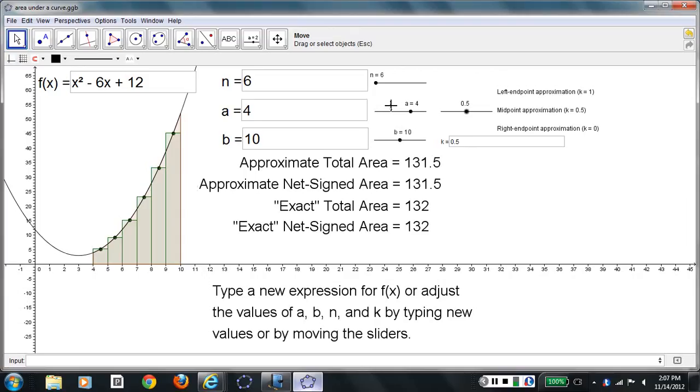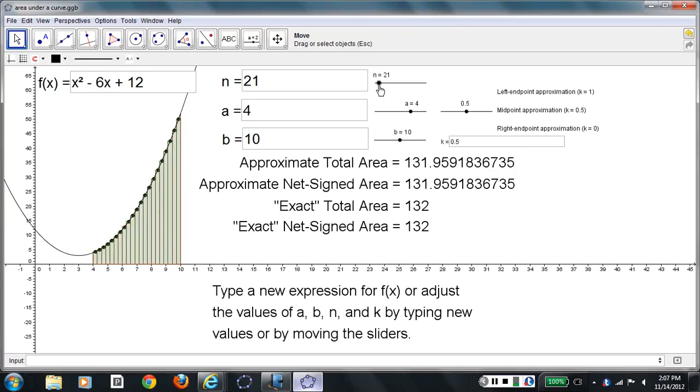Now, what happens if we increase the number of rectangles? 6 rectangles here, 3 rectangles, 1 rectangle. Just use 1 rectangle, it's not that great. But if I go the other way and use maybe 21 rectangles, that's pretty close to 132. If we go with 41 rectangles, it's even closer to 132.